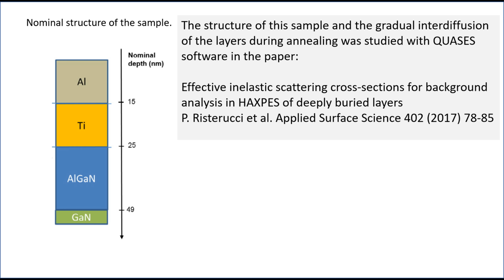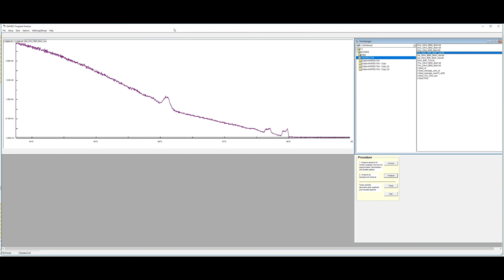The XPS electrons from titanium pass through the overlay of aluminum, and the cross section for aluminum and titanium are very different. And therefore, as we shall see shortly, this requires a careful choice of the cross section for an accurate analysis.